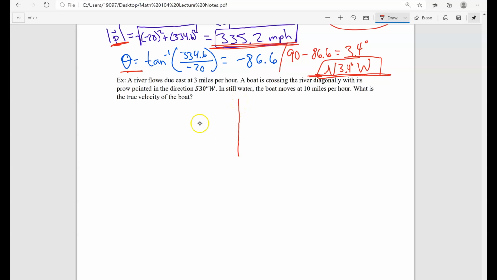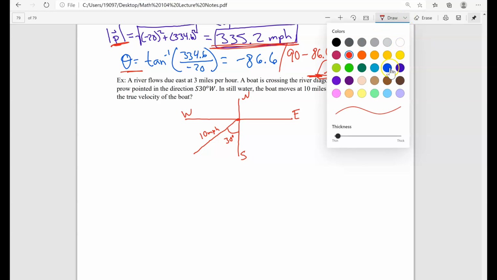Let's first start off by looking at the boat. We're going to draw our navigation system. We know that this boat is going southwest with a bearing of 30 degrees, and that it is going 10 miles per hour in still water, where nothing's going on.